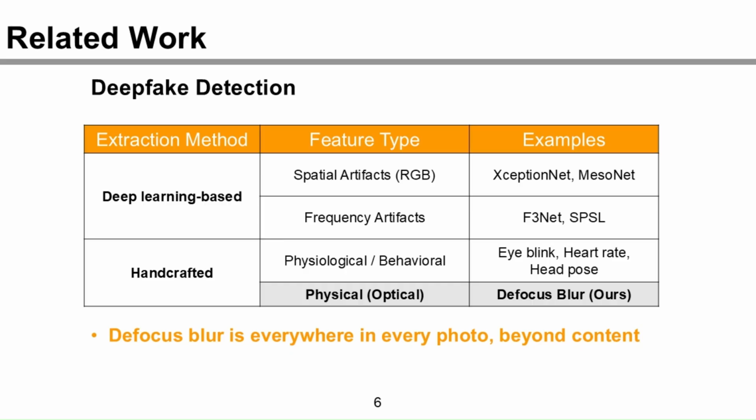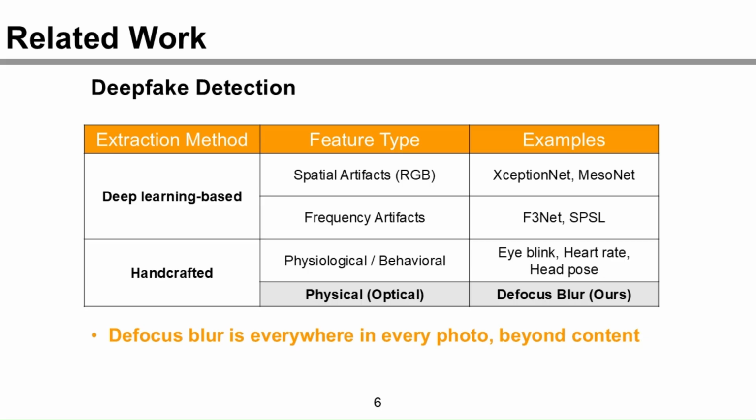Existing detection methods which learn fake artifacts or content-dependent signals have limitations. As AI models advance, artifacts become less obvious and models overfit to spurious correlations. Our approach is different.